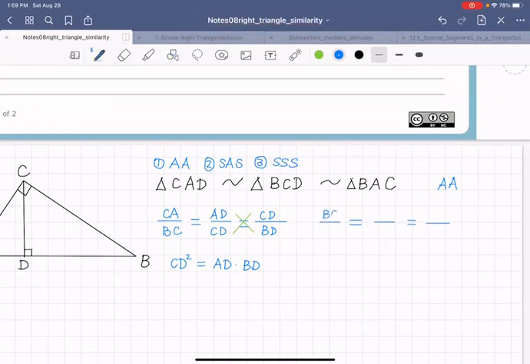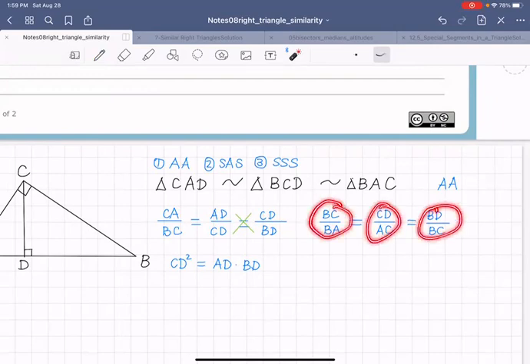BC over BA equals CD over AC equals BD over BC. Now, do you see something repeat itself? BC.